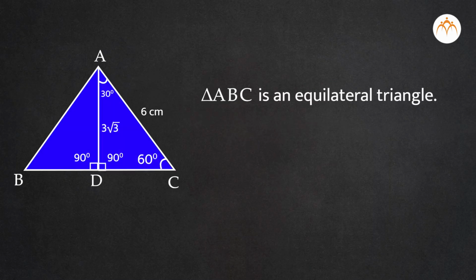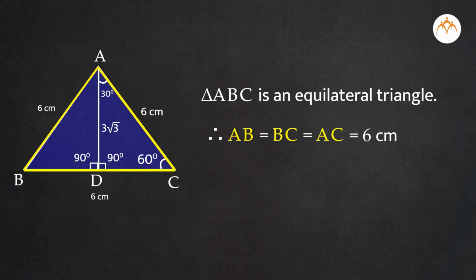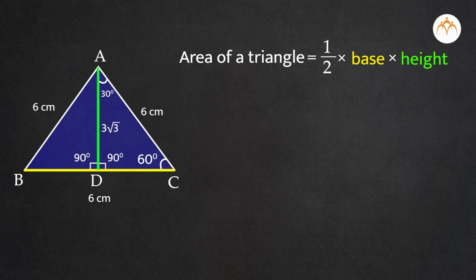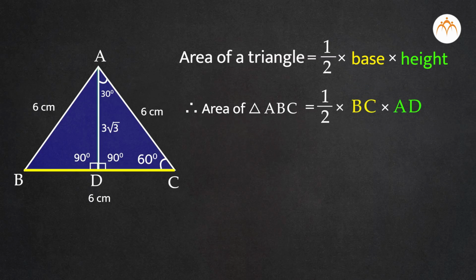Triangle ABC is an equilateral triangle. Therefore, AB is equal to BC is equal to AC is equal to 6 centimeter. Area of triangle is equal to 1 upon 2 into base into height. Therefore, area of triangle ABC is equal to 1 upon 2 into BC into AD.